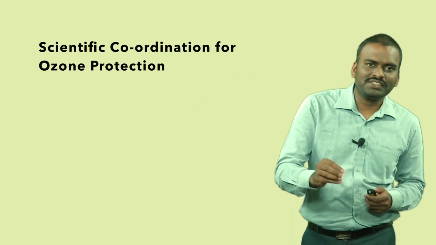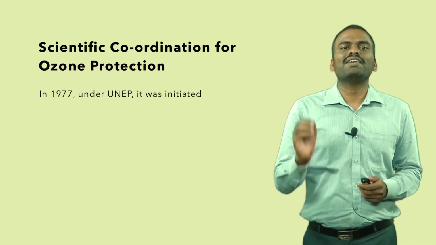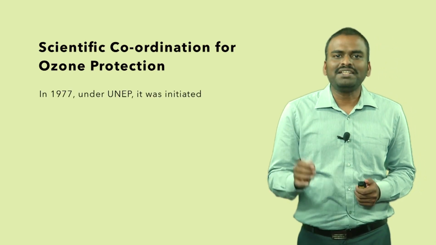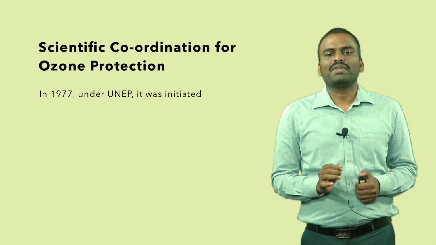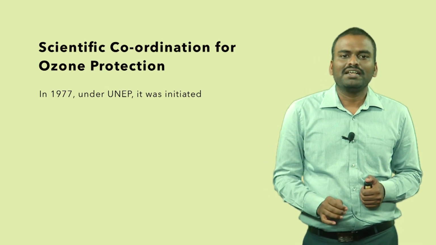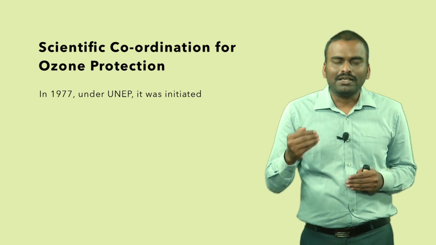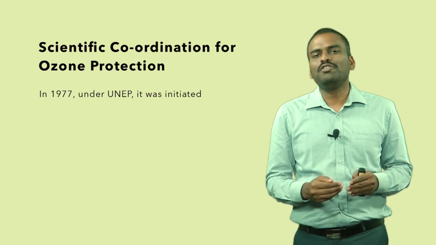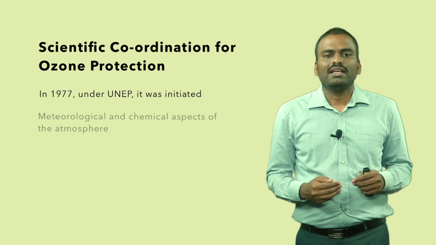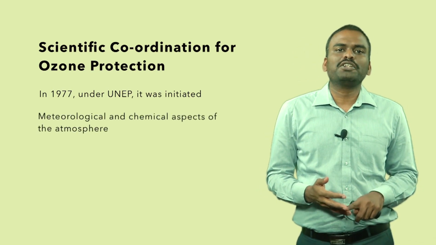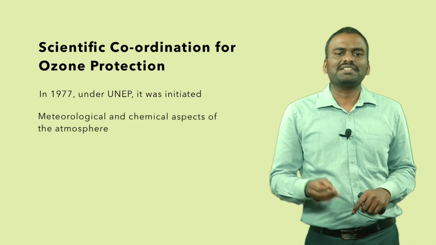So, in this context, at first in the globe in 1977, the United Nations Environment Programme was initiated, to coordinate the following aspects. The meteorological and chemical aspects of the atmosphere will be measured at first.